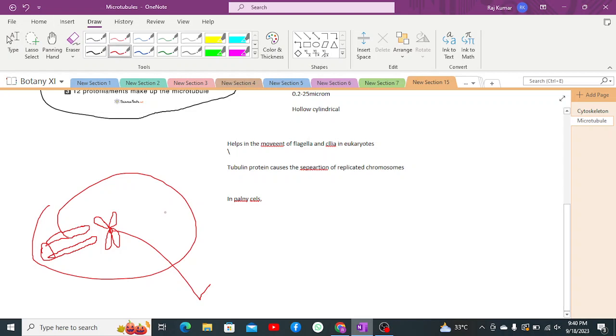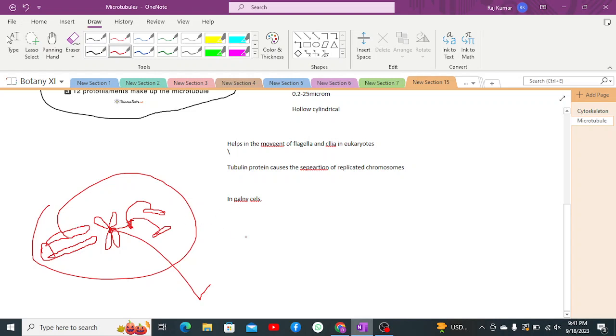When it comes to plants, in plants there is no centriole, so the spindle fibers are taken out from the tubulin protein, but this time from the microtubules which are freely dispersed within the cytoplasm, from where the spindle fibers arise and then attach with the kinetochore.